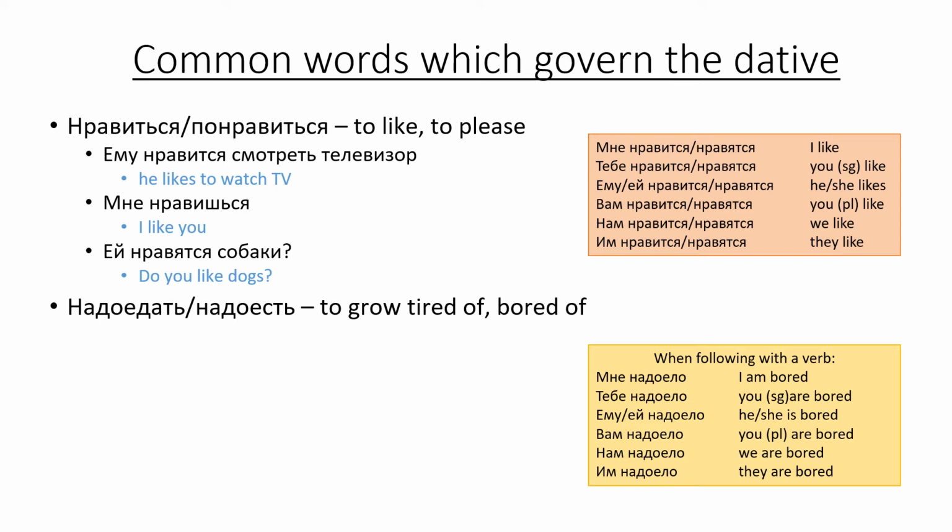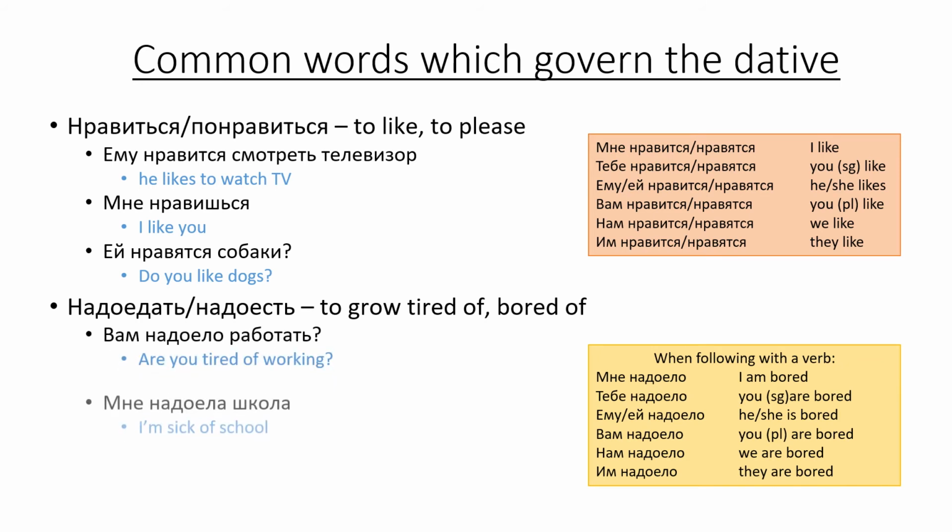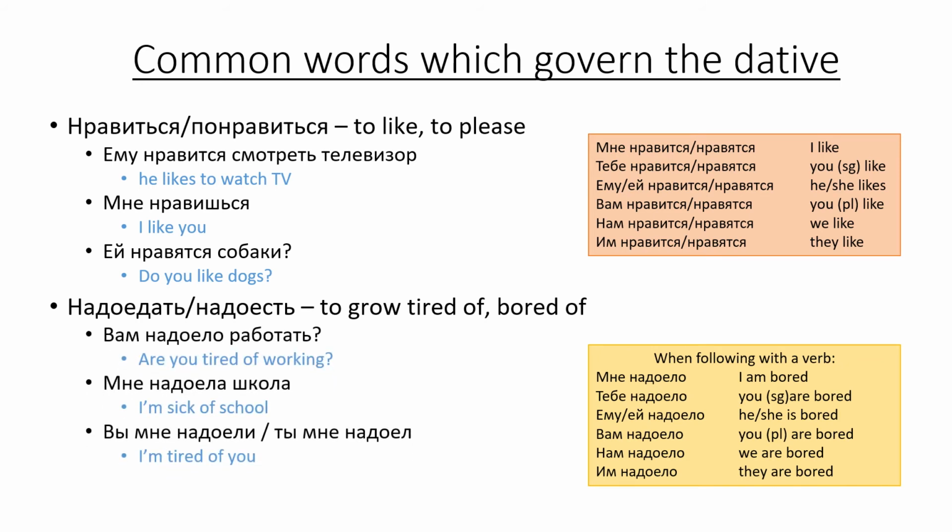Does she like dogs? Now, надоесть and надо есть works in a very similar way to нравиться. However, it is almost always used in the past tense, so you would use the perfective надоесть. Just as we saw with нравится, you would use the third person singular, it bores you.